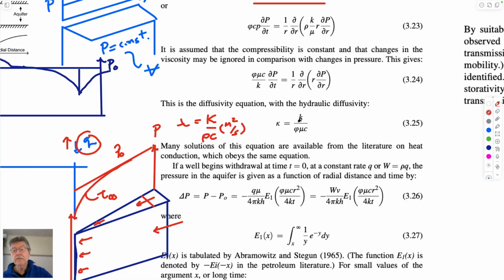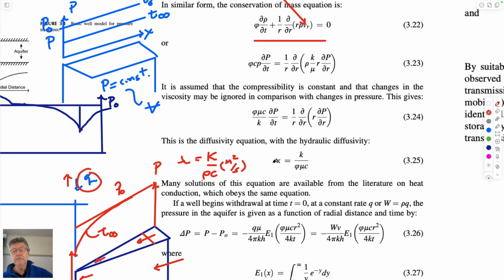A hydraulic diffusivity is made by the same division. It's dividing the thermal conductivity, the analog would be permeability, by the amount of storage in the system, which would be specific heat capacity. This is thermal conductivity, this is specific heat capacity, this is the density of the fluid or solid.